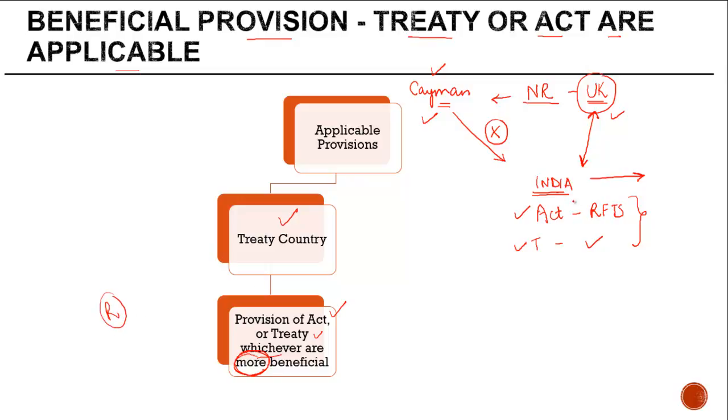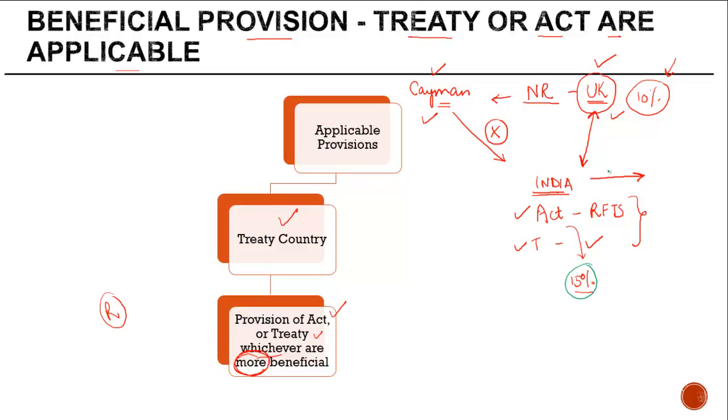If the Act says that the tax rate has to be 15%, but the treaty says that the tax rate is to be 10%, since the treaty is more beneficial, he can opt for the provision of the treaty. On the contrary, if the treaty would have said the rate is 15%, but the Act says the rate is 10%, you can opt for the provision of the Act.